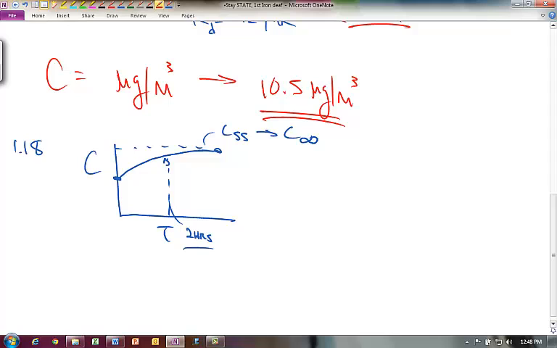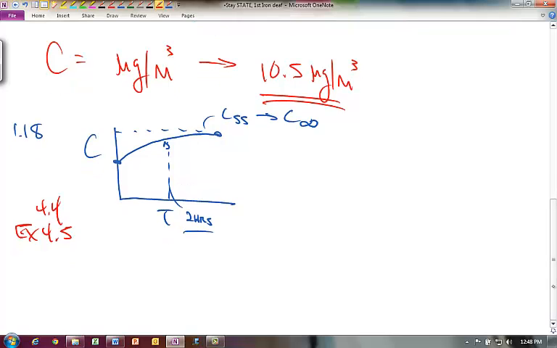If you look at the textbook, this problem is similar to example 4.4 and example 4.5, which looked at non-steady state first order decay. If we write our equations, the first step, step number 1, is to determine the steady state concentration at infinite time.